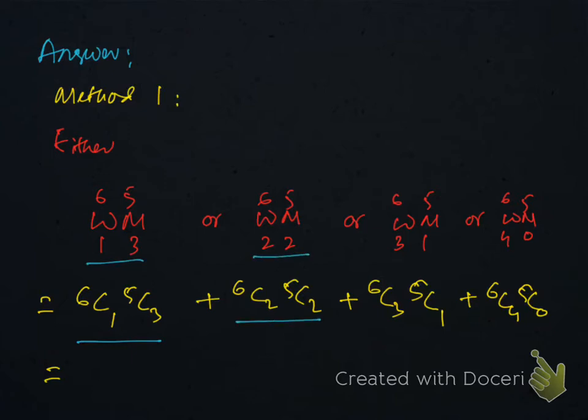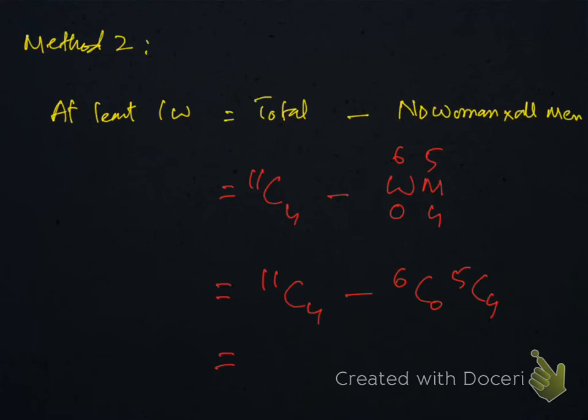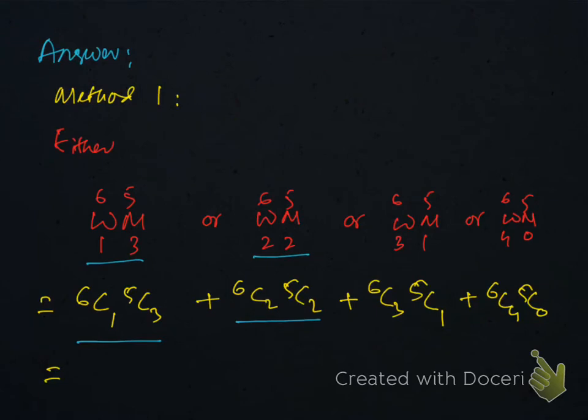Now according to method number 2, for at least 1 woman, we have to subtract those options from the total which were not in this list. Since the values of R in method 1 are 1, 2, 3 and 4, and R starts from 0, this option is not in this list.